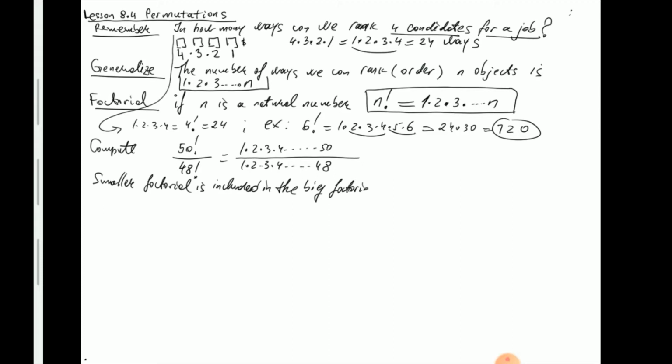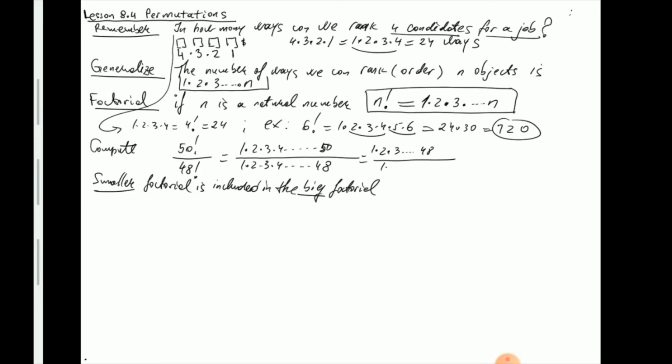When I teach this in the regular classroom, I like to say that you're going to use the principle of the big fish swallows the small fish. So if these are fish, 50 factorial, 48 factorial, the bigger one includes, swallowed already, the smaller one. So what I mean is that on the top you have all the factors that appear in the smaller factorial.